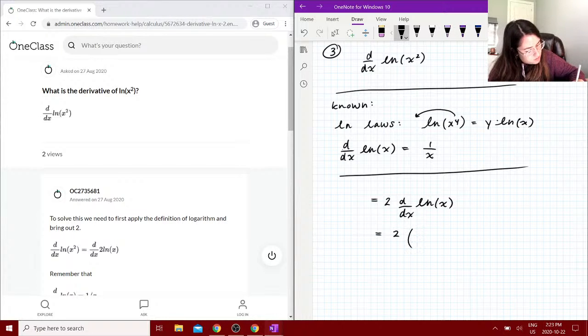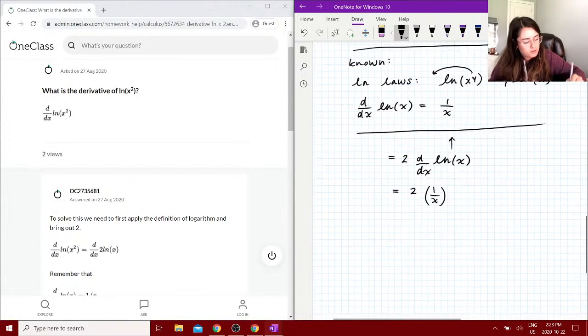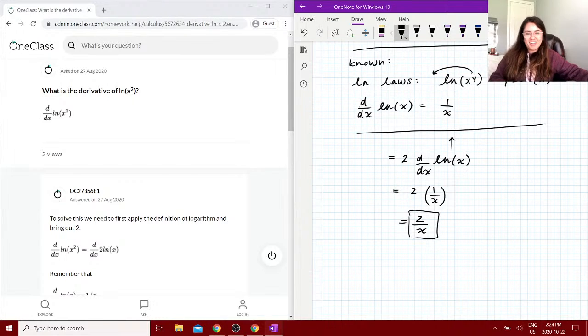And then we just did this right above, so we know that from that we get 1 over x. So our final solution is 2 over x. Look at that, I was quick.